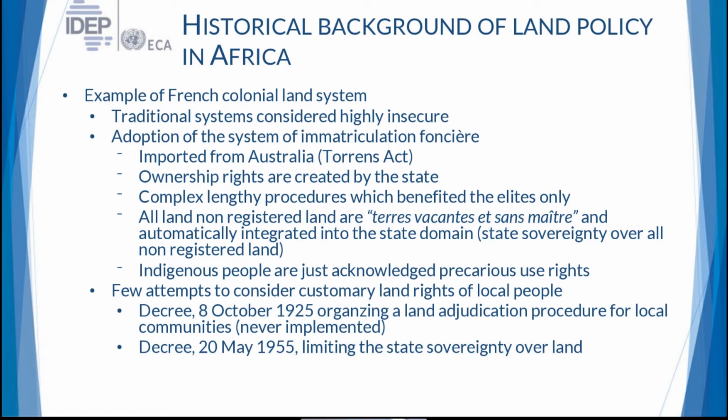I want to go through a specific example, which is the legacy of the colonization in Africa, mainly in Francophone Africa, which is mainly West Africa, but also Central Africa and also part of Northern Africa.